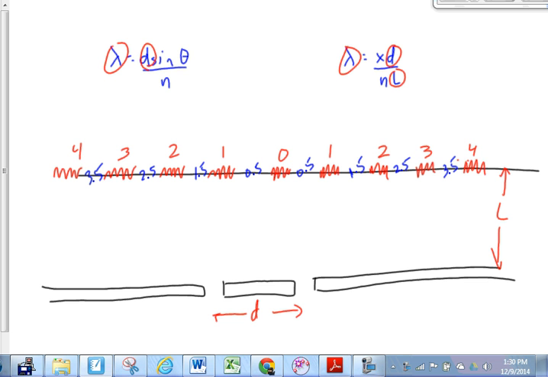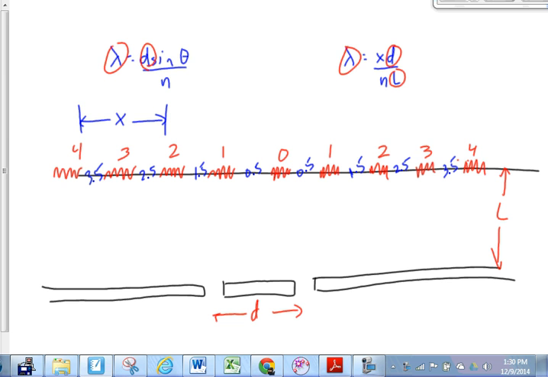Aiden, what's X stand for? Could you say it, please? Yeah, so not the difference, but the distance between one maximum or minimum and another maximum or minimum. So it could be this.